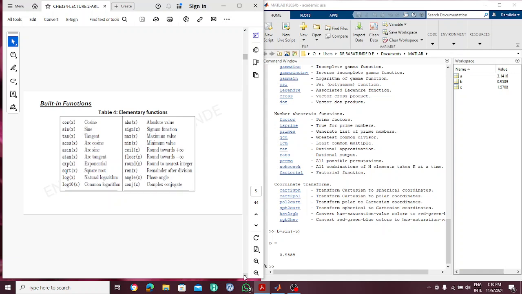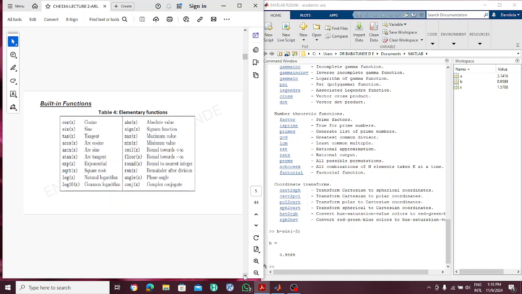To return a value as a positive value, irrespective of whether it was negative or positive before, you can use abs, which is the absolute value of x. To get the maximum of a value, you can use max x. To get the minimum value, you can use min x. For rounding issues, you can use something like ceil x, floor x, round x.